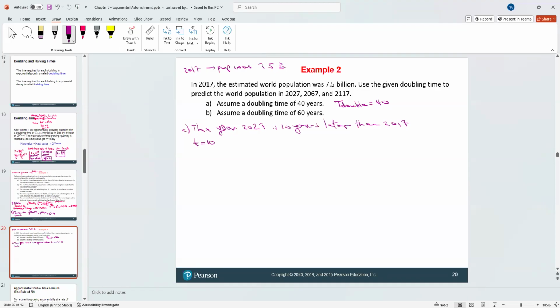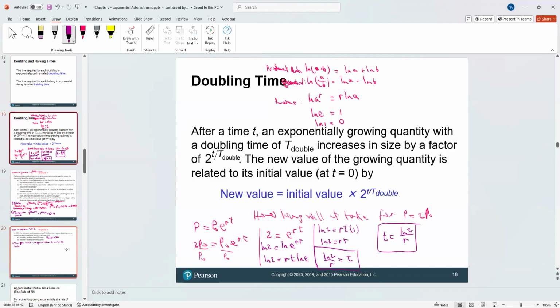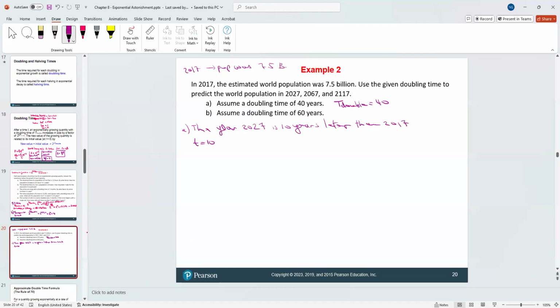And using the previous formula you see here, the new value is equal to the initial value times the factor, 2 power t over capital T double.